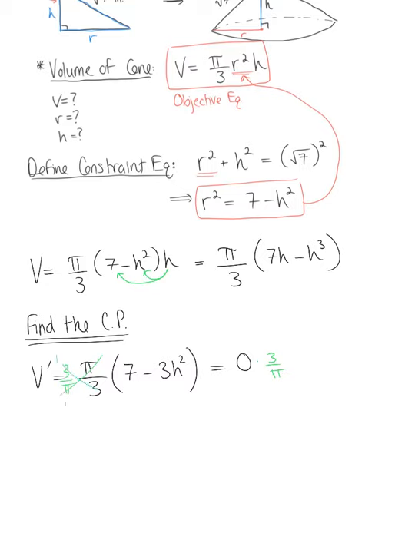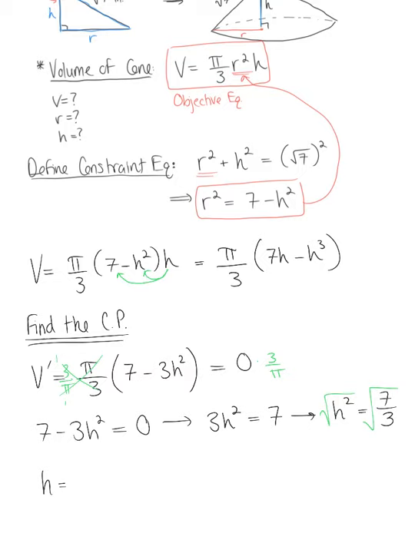We're left with 7 minus 3h squared equals 0. Solving for h, 3h squared equals 7, so h squared is 7 divided by 3. Taking the square root of both sides, h equals plus or minus the square root of 7/3.